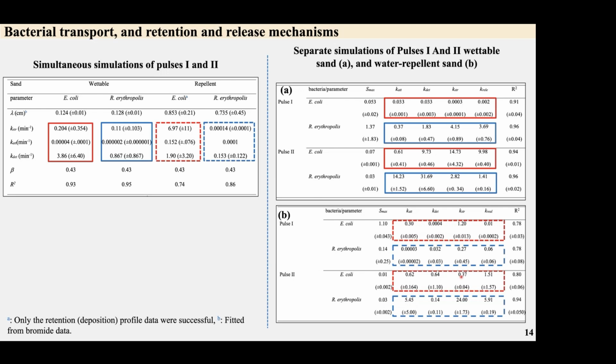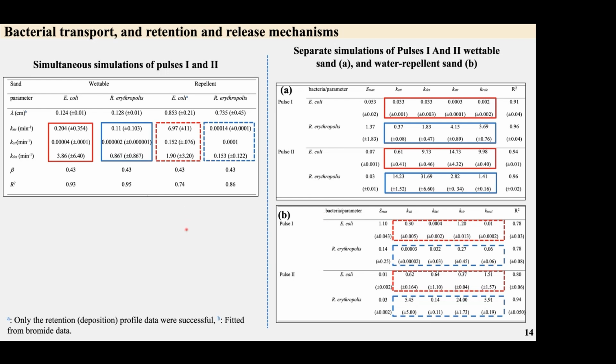So we looked at release factors, and we see here that the physical release was higher than detachment. So we concluded that very likely E. coli has also been retained physically. Yes, this was for the systematic studies.